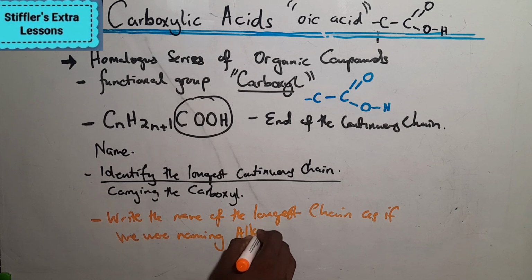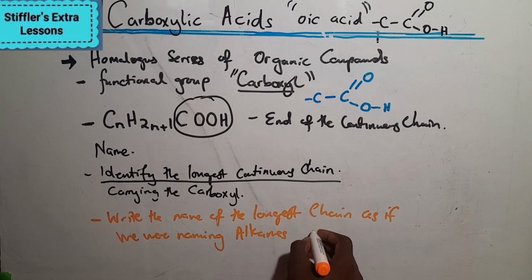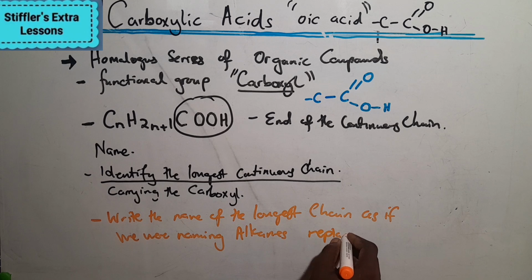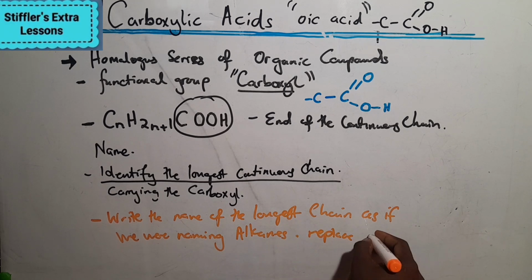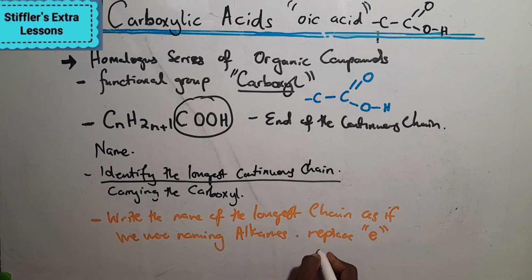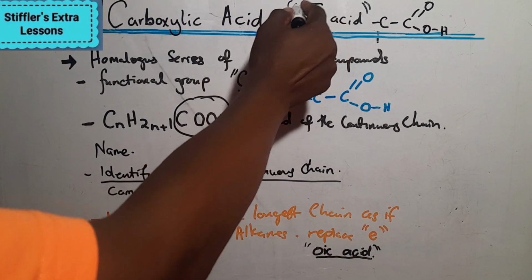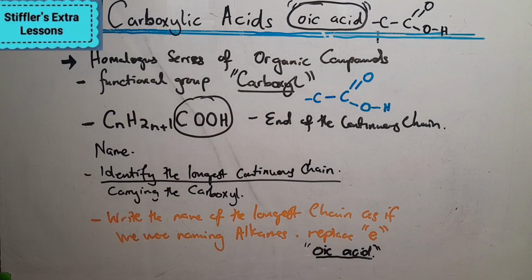As if we're naming alkanes, but now we replace the E in the alkanes with oic acid. We replace it with oic acid at the end of the name. So oic acid is the name that can help you identify that this is a carboxylic acid.